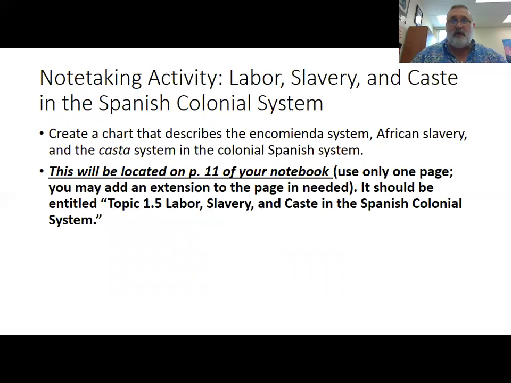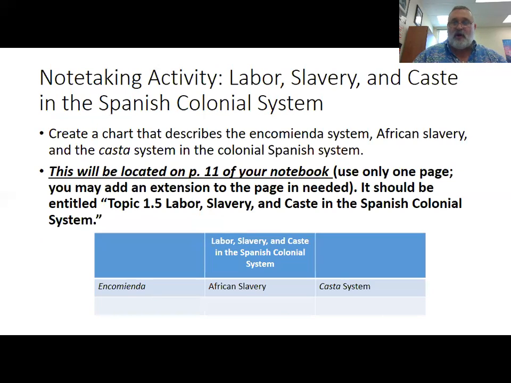So the activity I want you to do for 1.5 is to create a chart that details each of these three areas. The encomienda, what was that? How did that impact people? What happened with it? African slavery, and then the casta system.